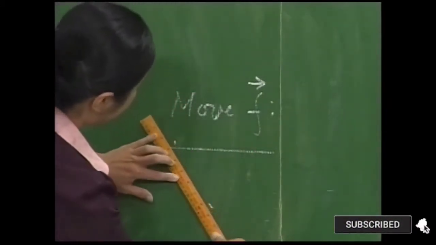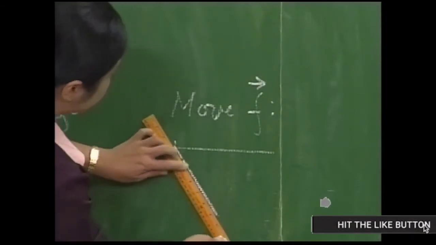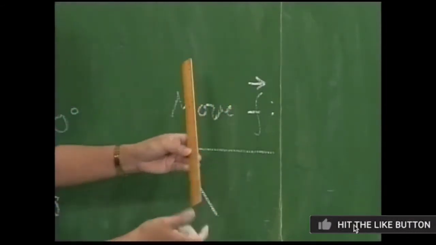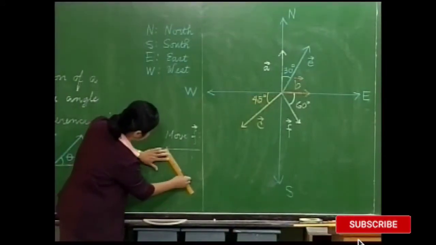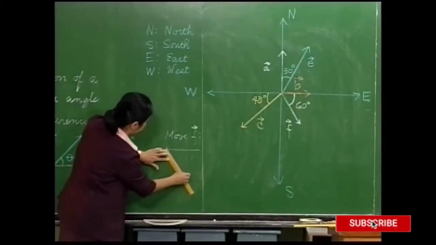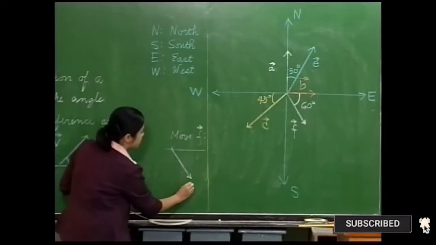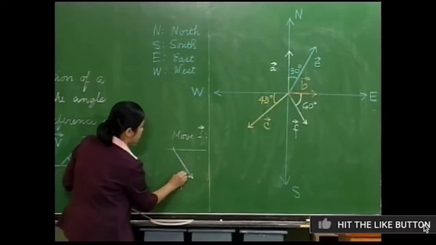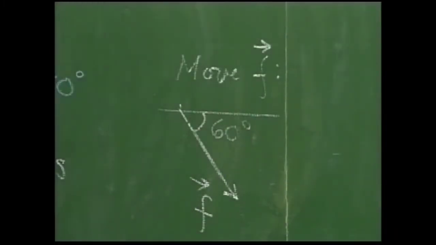So I say that this vector is the same, but I also have to make sure it's 20 centimeters. Okay, so it's 20. So this is my vector F. This is also 60 degrees.